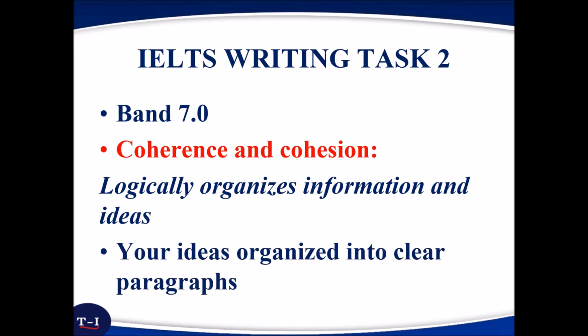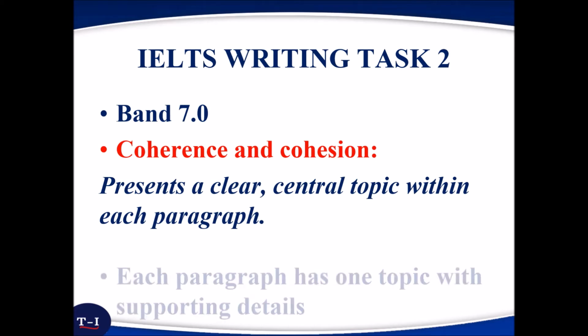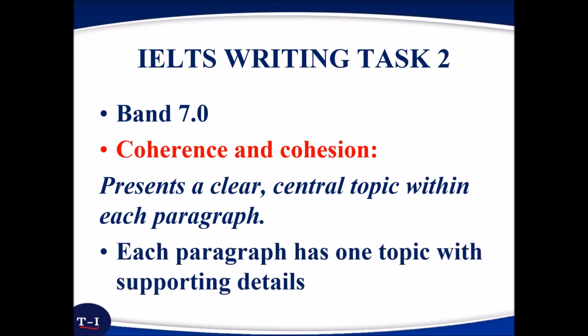And this means your ideas are organized into clear, separate paragraphs. Also for cohesion and coherence, you need to present a clear central topic within each paragraph. So that means each paragraph has one topic with supporting details.